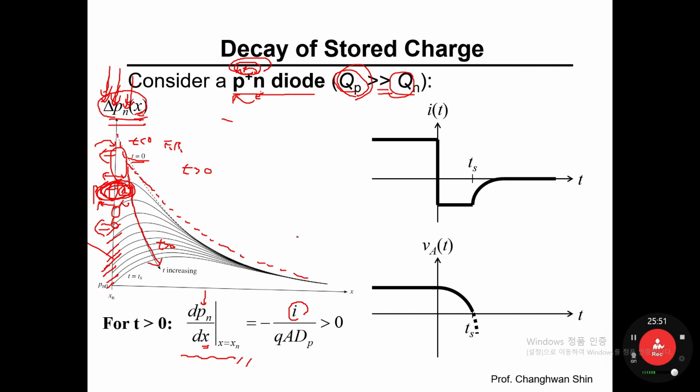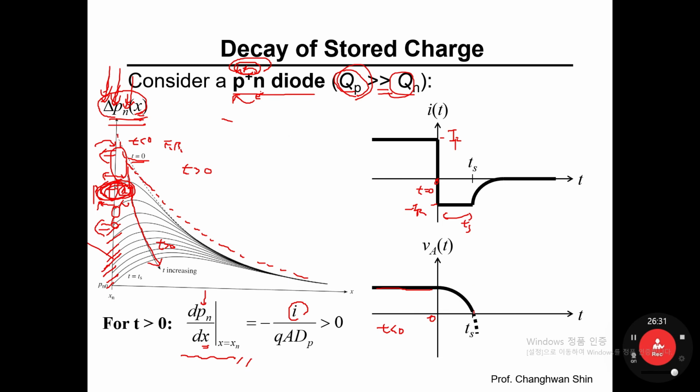Take a look at the two figures on the right hand side. Here, time t of 0 is the moment when the switch is switched from node A to B, I mean, the PN diode has been reverse biased at time t of 0. This current level is IF, and this current level is minus IR, and that is the storage delay time t sub S. If I draw how the voltage is applied across the PN diode, definitely when time t is less than 0, the forward bias has been applied.